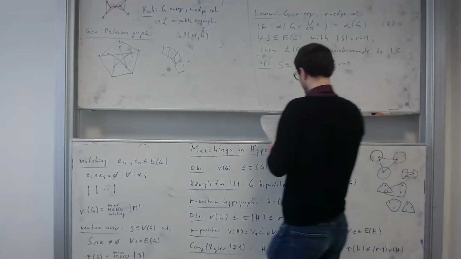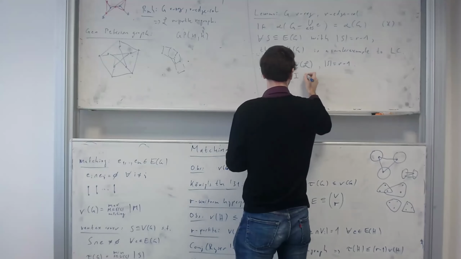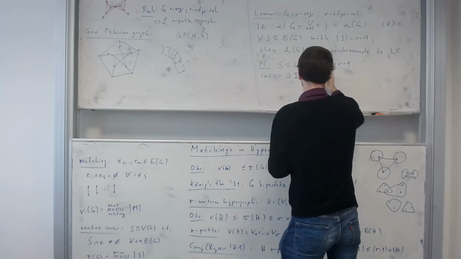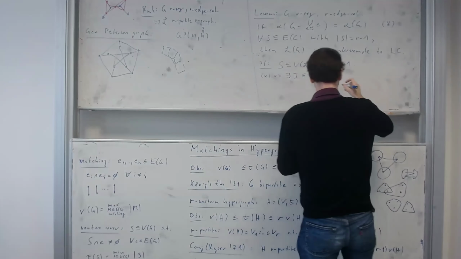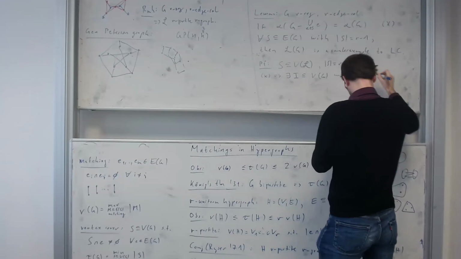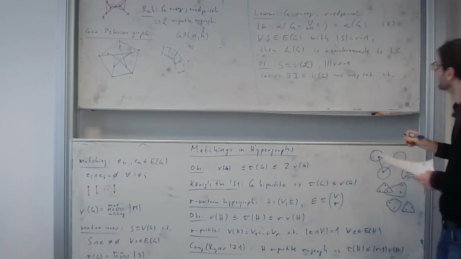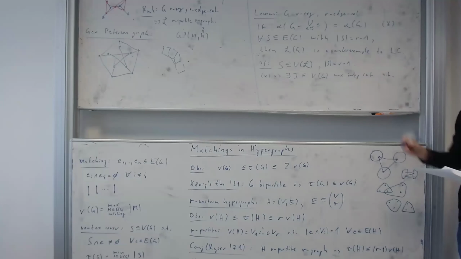Yeah? So from this property star now it follows that there exists an independent set in G. So it's a maximum independent set such that it avoids all the vertices from this edge set. Yeah?